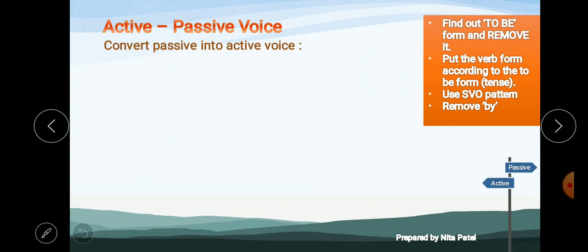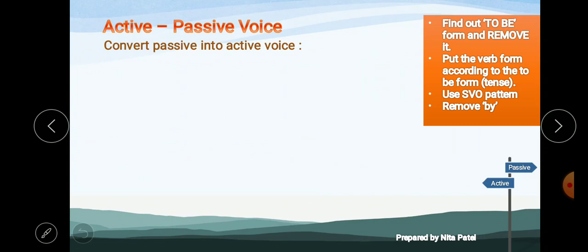Now here is how we can convert passive into active voice, because in exams generally it could be a passive sentence. So what to do if a passive sentence is there and we have to convert it to active voice? I think we know all the rules to convert active into passive.